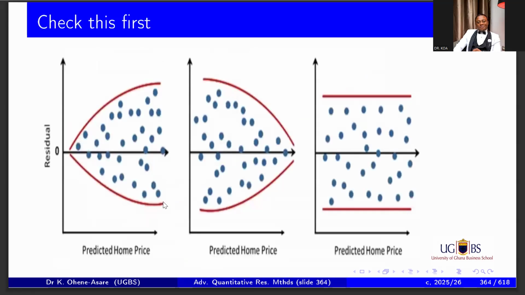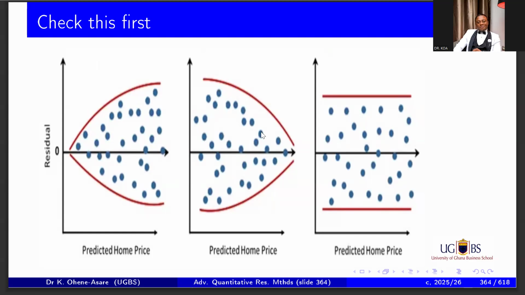Now, you've got to know whether these residuals are heteroscedastic or homoscedastic. What does it mean to say that they are heteroskedastic or homoskedastic? Well, let's take, for example, the fitted home price that you are seeing here. You can see that there is some sort of pattern being shown on the first one.